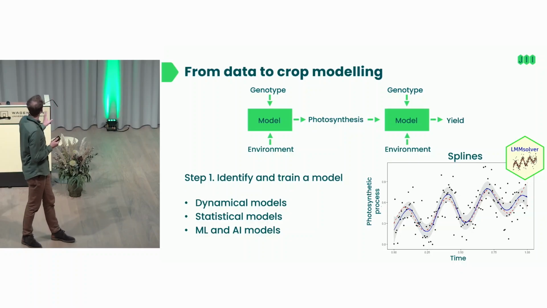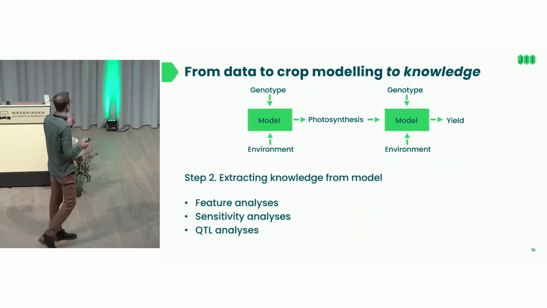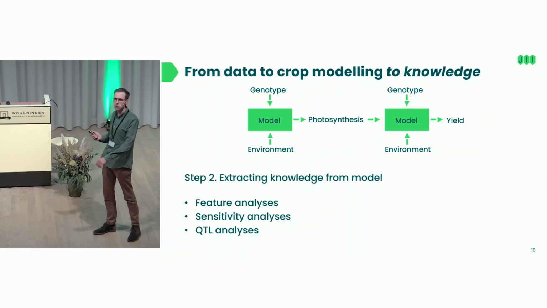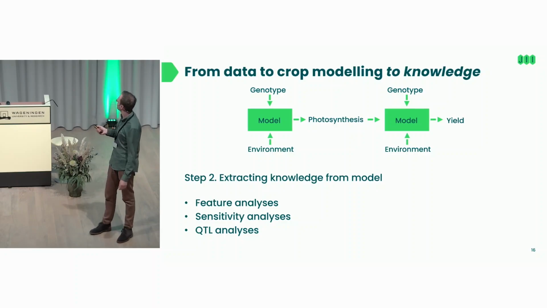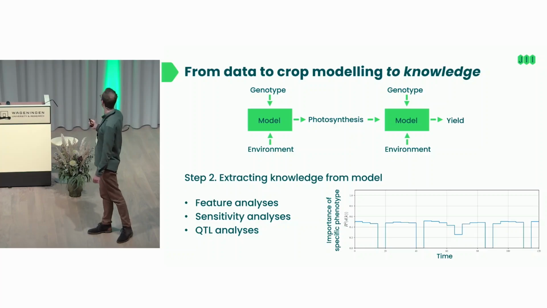But that's all great, because that's only the part for the data to the crop modeling. But I think when it really becomes interesting is when we bring this to the knowledge. And that's when we are extracting knowledge from the model. And while this is just a short list of options we have, we are now thinking whether we can use things like feature analysis, sensitivity analysis, and whether we can use QTL analysis to extract knowledge from this model. And you can think about something like this. It's a very simple image.